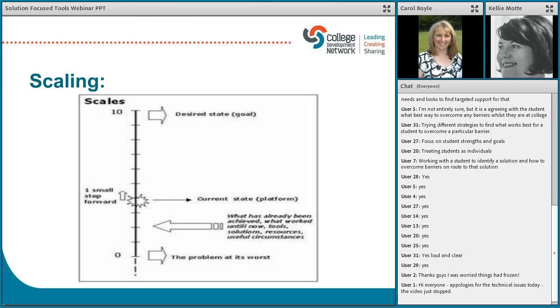So, as you can see, questions like these encourage the person to imagine change and to focus on their strengths and coping skills. And you can be as imaginative as you like with the scales and adapt them to suit the individual that you're actually working with. Some people might use the example I have here on the PowerPoint slide.